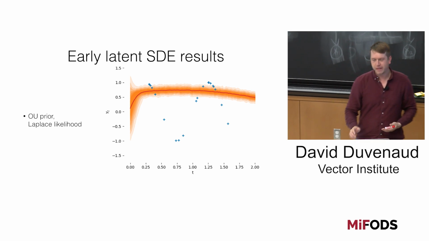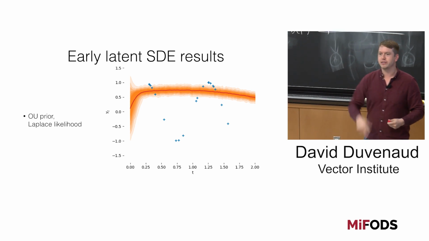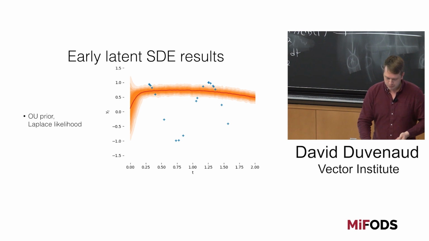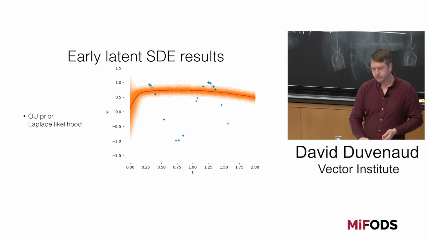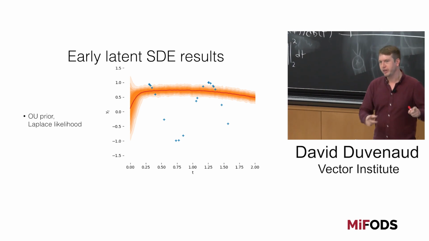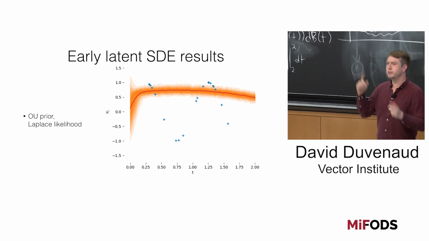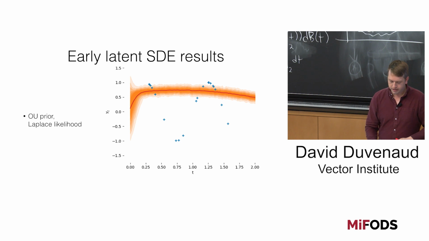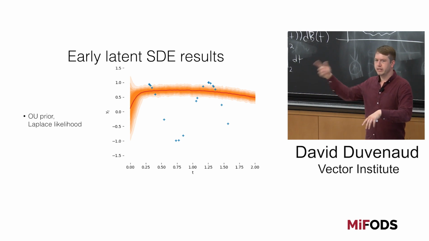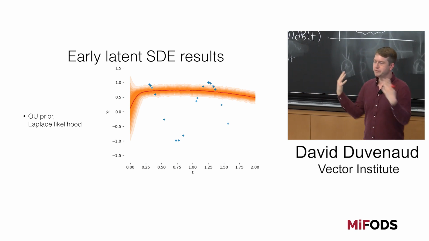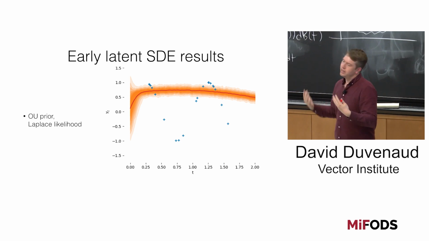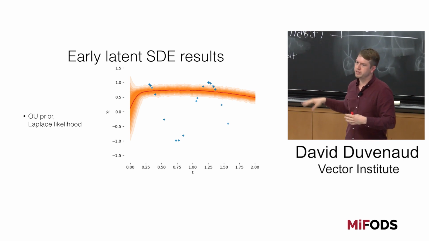Cool. So now we got through the math. Now we get the results. This was just generated 2 nights ago by Joy Chen. Here we're using an Ornstein-Uhlenbeck prior, which is a Gaussian process prior, because some SDEs are Gaussian processes, but Laplace likelihoods, which means that the true posterior is non-Gaussian. And now this is us using stochastic gradient descent to fit all the parameters of our Q, our approximate posterior.